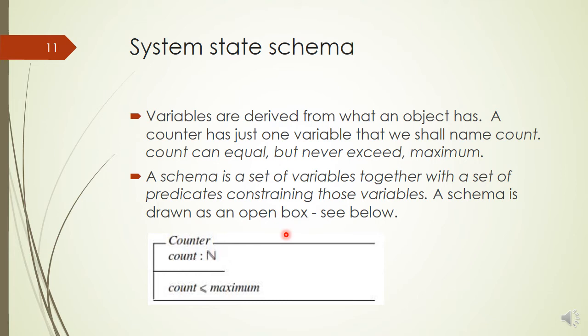Basically, for any kind of system, we have an objective to design it. Therefore, from those objectives, we can derive system variables. And in the current example, our main objective is to count the objects. Therefore, there is a single variable which actually records the count of objects.